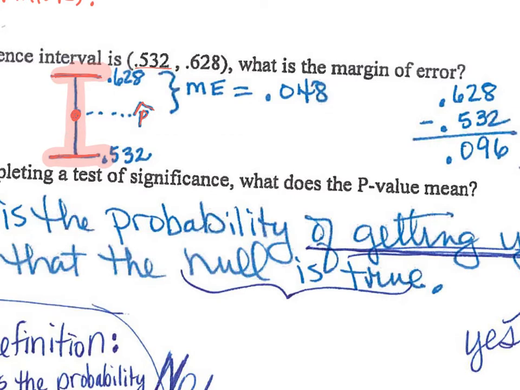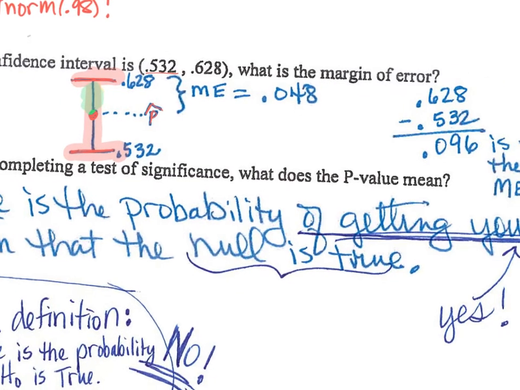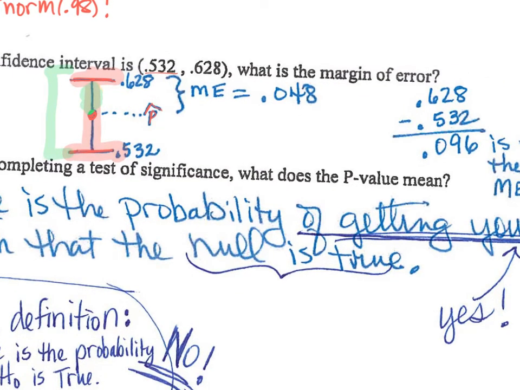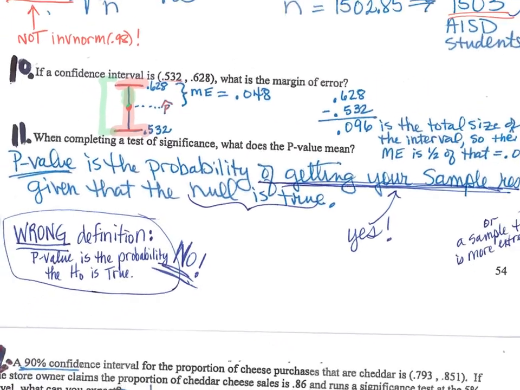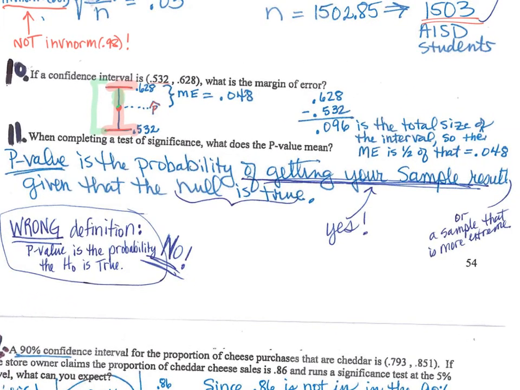So if P hat is smack dab in the middle, then you should be able to figure out what this little section here is: your margin of error. There's lots of different ways you could do that. You could figure out what P hat is and then find that difference. I just found the total distance and then divided it by 2. The total spread is 0.096, so half of that is 0.048.